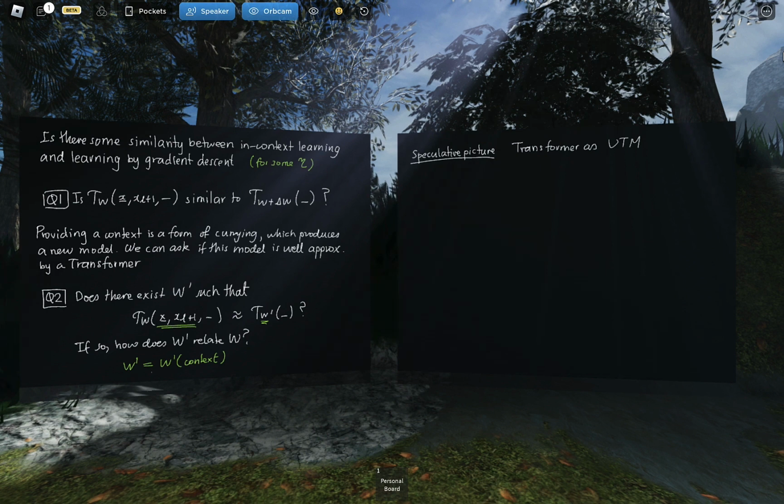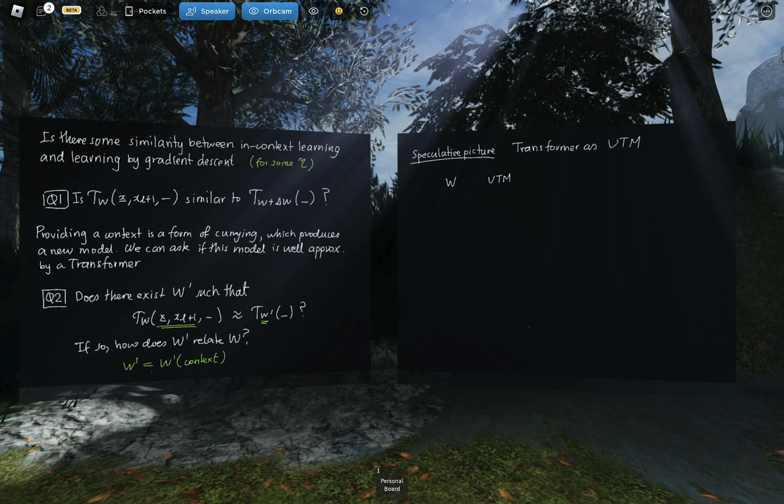Not quite universal, but okay, so here's the idea. Think of the original weights, so the full transformer, as the UTM.